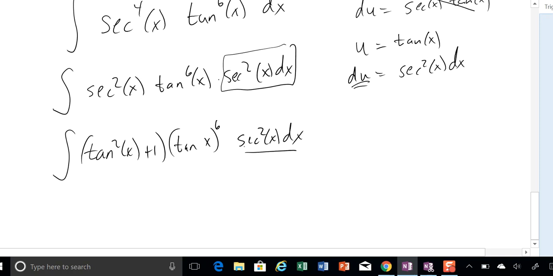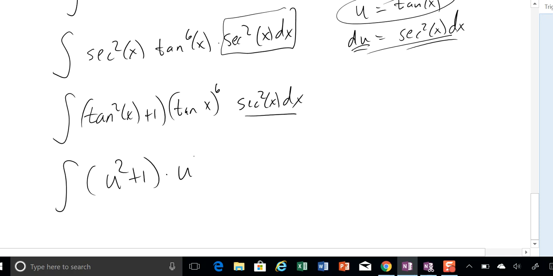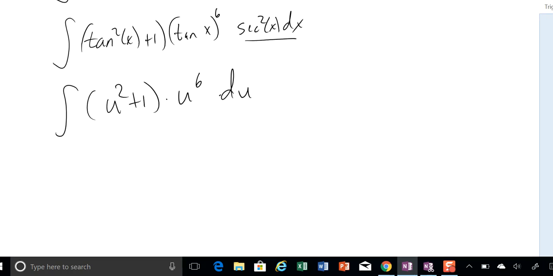And again, I'm keeping that secant squared x dx out because when I go do my substitution, u equals tangent of x, I need secant squared x dx to be my du. So I'll have the antiderivative of u squared plus 1 times u to the sixth times du in there.